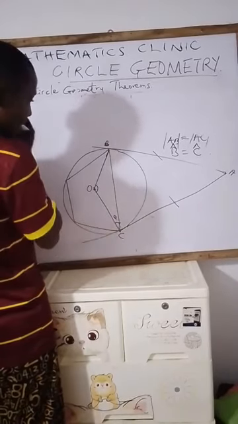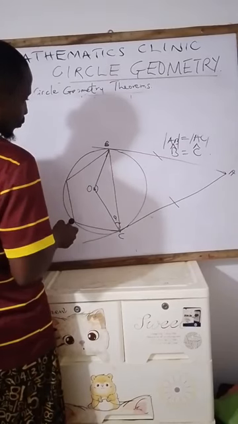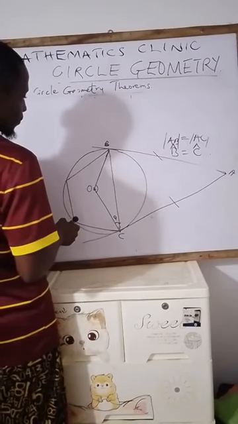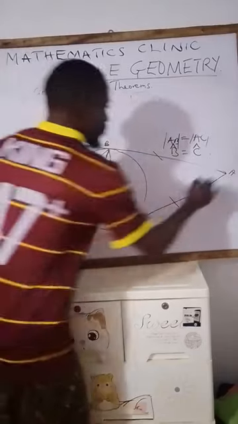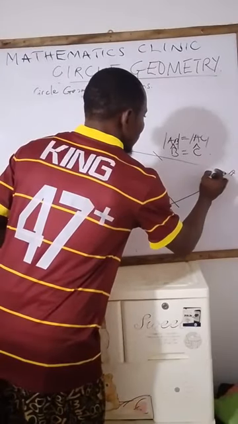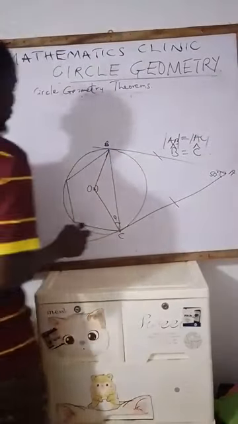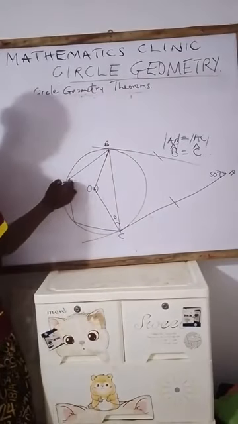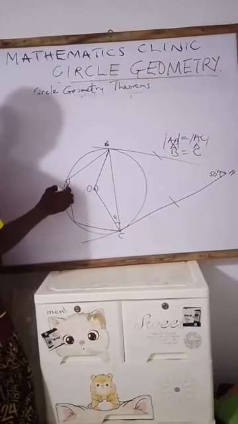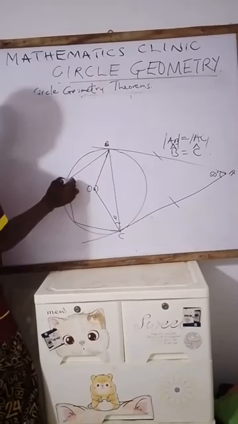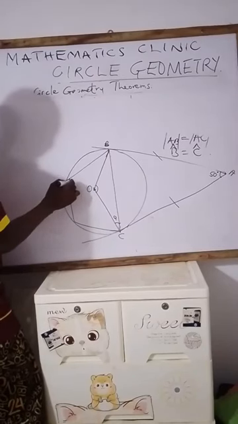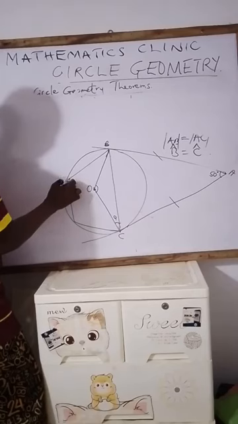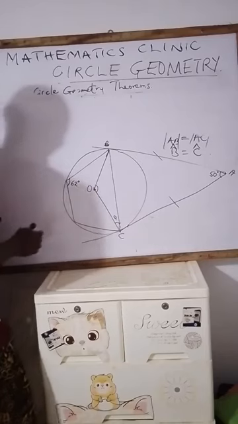what is A? Here is 50 degrees. Here is 62 degrees.